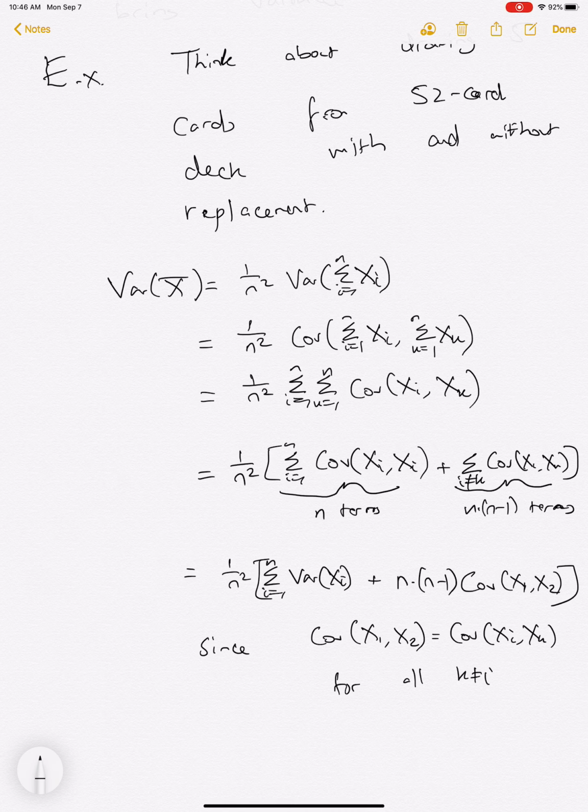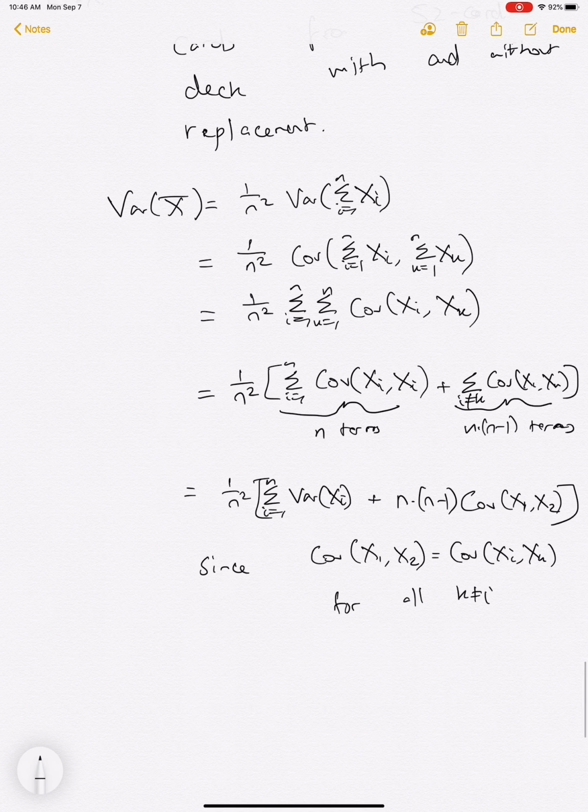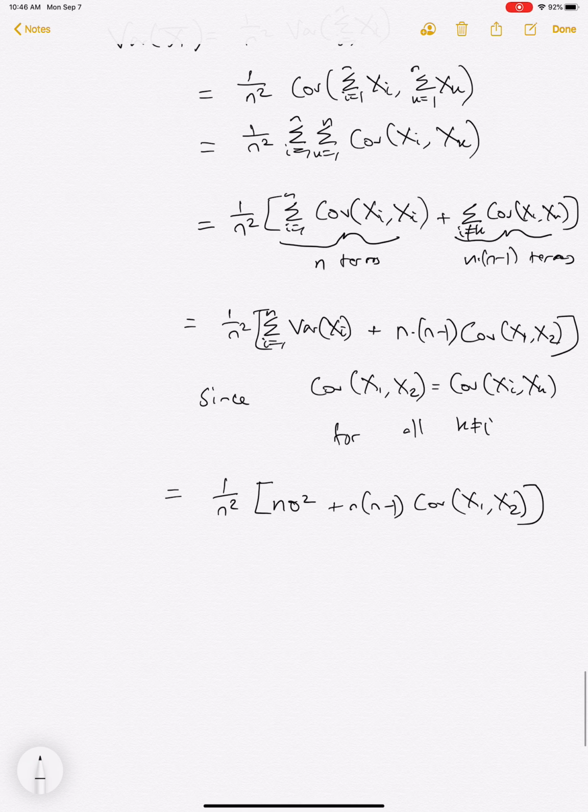This makes our calculation a lot easier, but still not super easy, as we'll see. So we can write this as n times sigma squared, which is the variance of these Xi's, plus n times n minus 1 times the covariance of X1, X2.